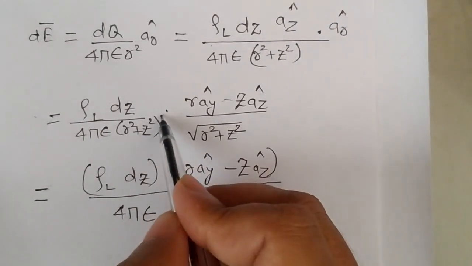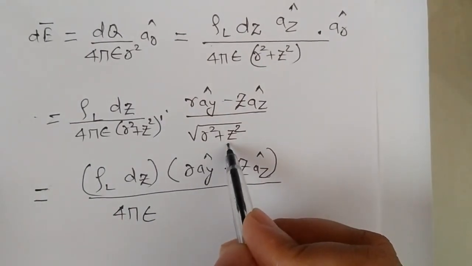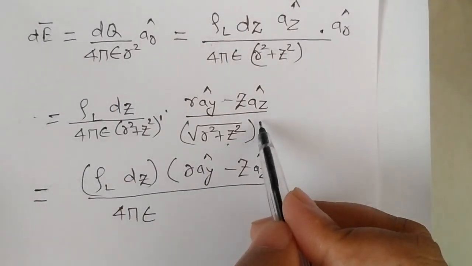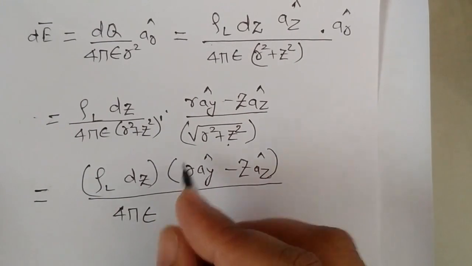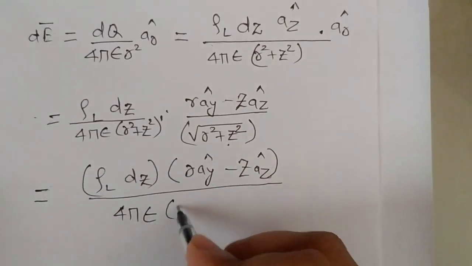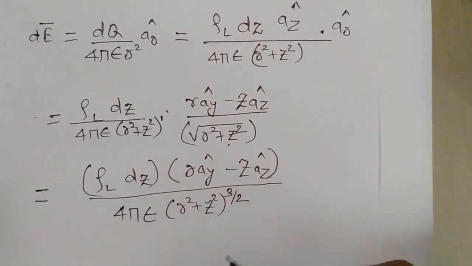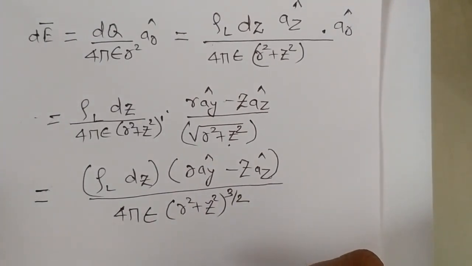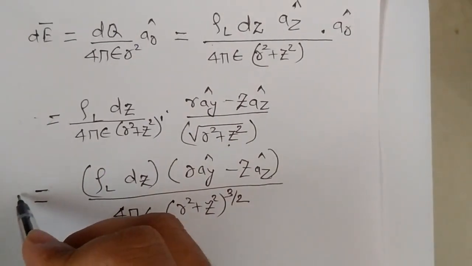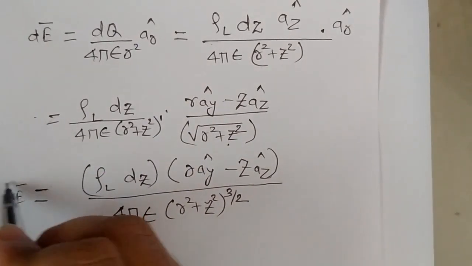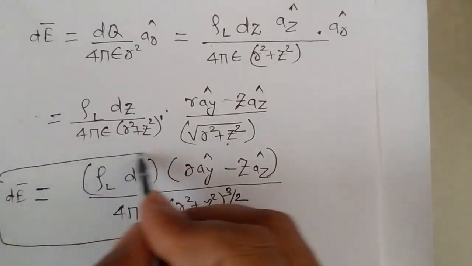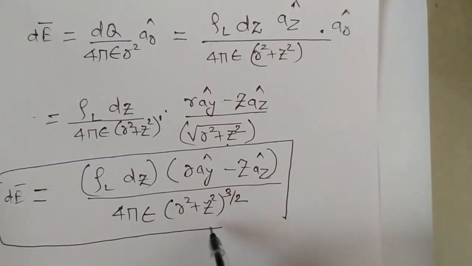Now the power of this will be 1, and the power of this will be 1 by 2. So 1 plus 1 by 2 comes out to be r square plus z square to the power 3 by 2. Okay, so this is the final value of your dE bar.